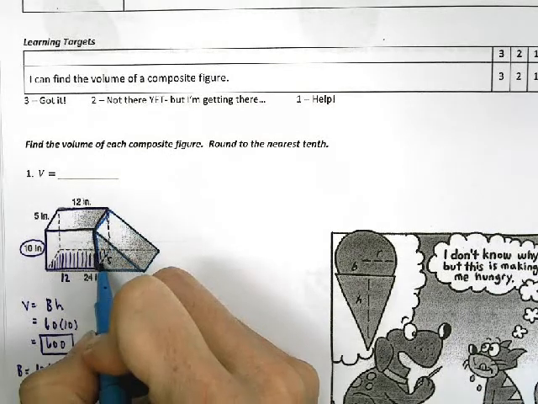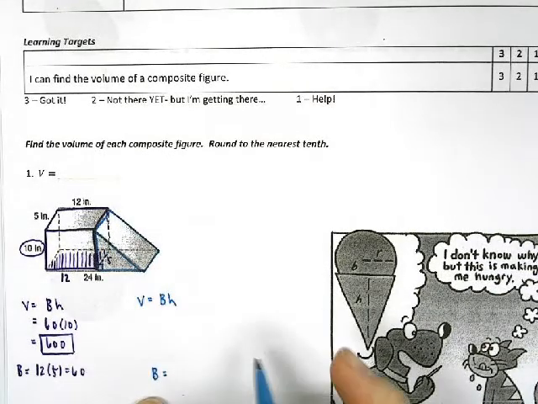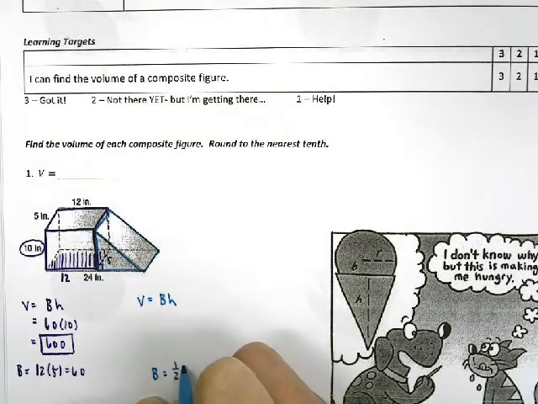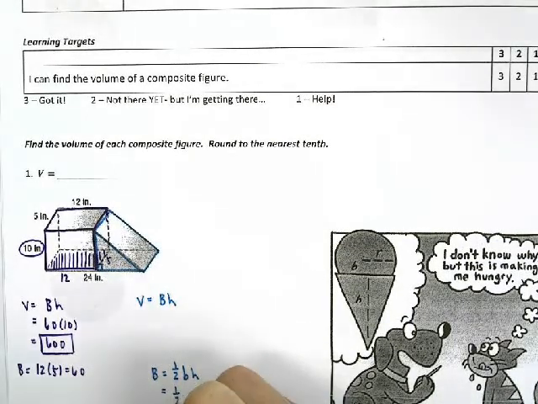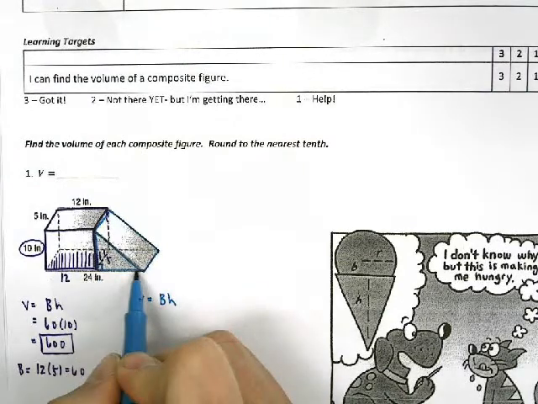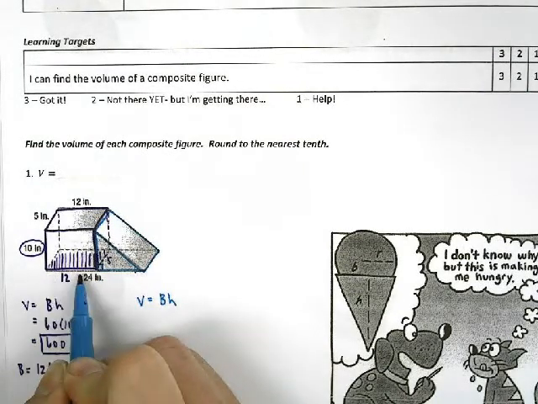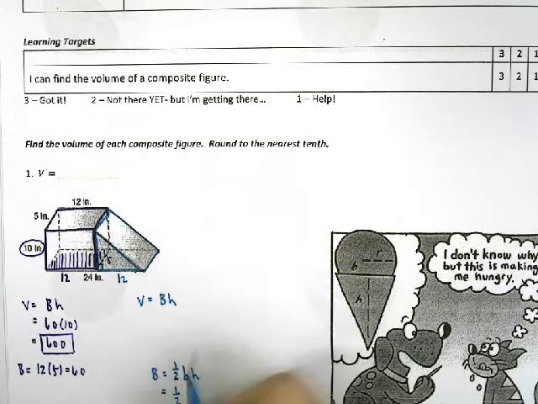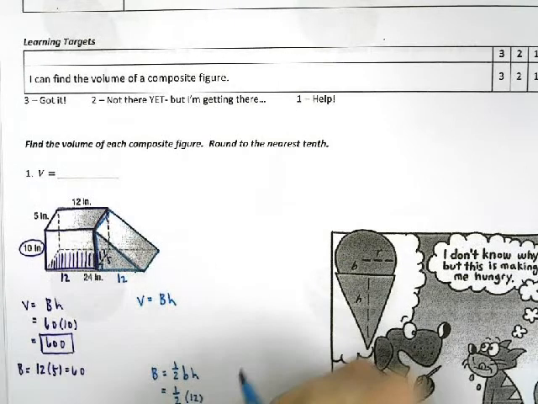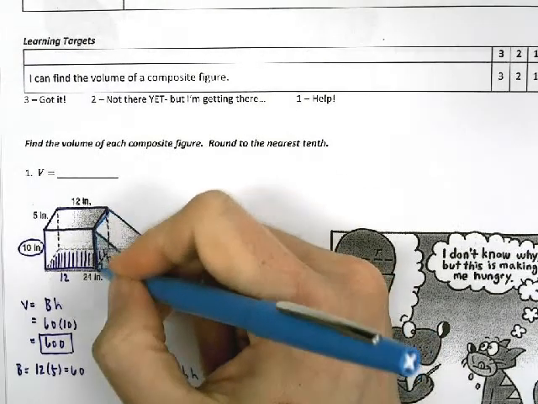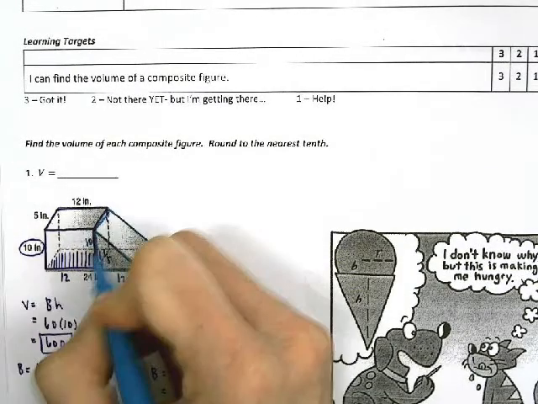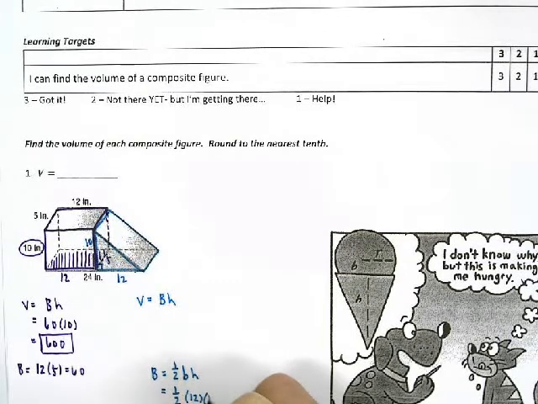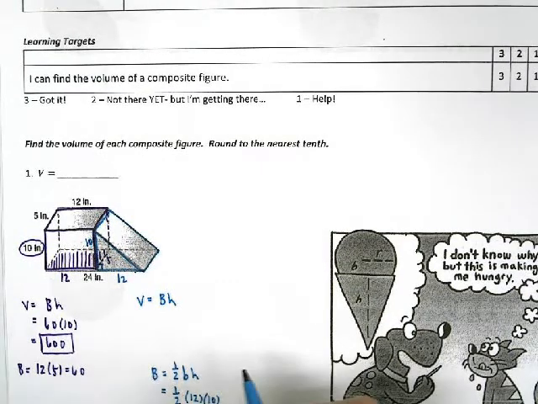They don't explicitly mark it here, but this is going to be a right angle, so I can use 1/2 base times height. So I have 1/2. Now the base here, if this piece was 12, the base here has to be 12 as well. The height of my triangle is this 10 here. So I have 1/2 times 12 times 10, and that's going to give me 60.